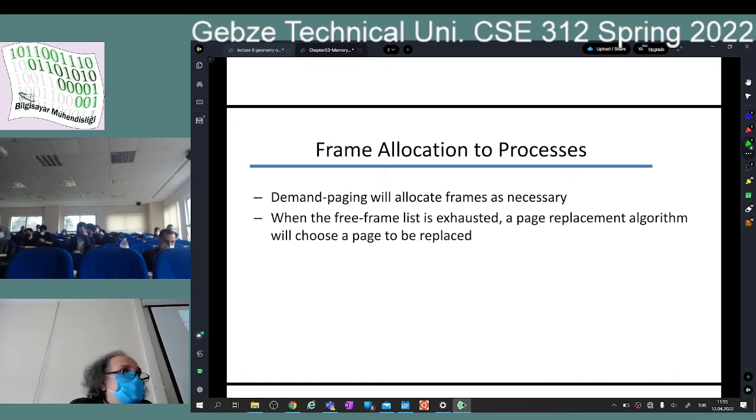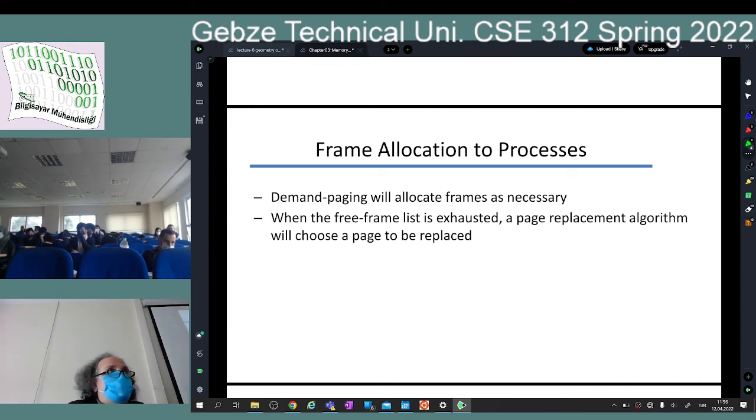Usually we keep maybe 20% of our memory available. It is in the free list, so we don't wait until our memory is filled up. We like to keep 20% of our memory always free, so that when a new application starts running, or needs new frames, those frames are available exactly.